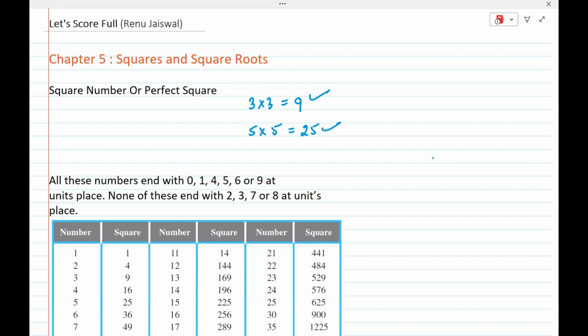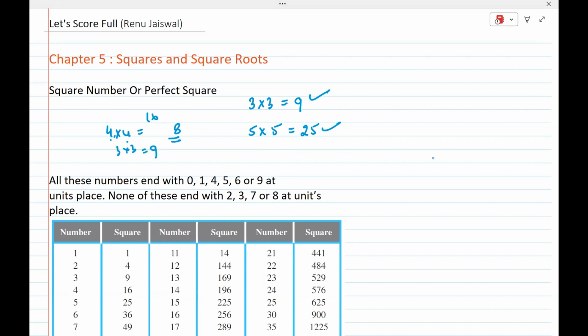So here, what is a perfect square? Suppose I write 8, 8 is not a perfect square. Why? Because I don't have any number that, multiplied by itself, gives 8. If I multiply 4 into 4, it is 16. 3 into 3 is 9.